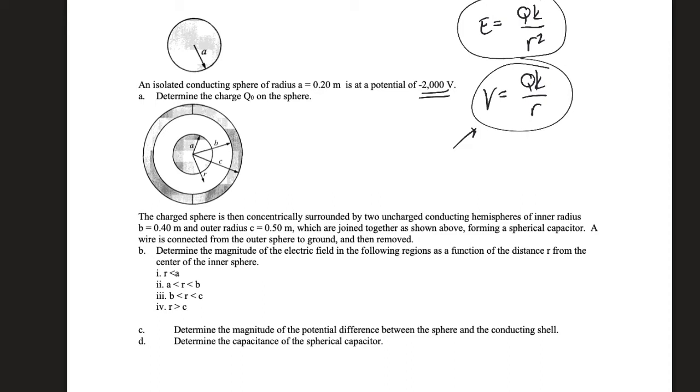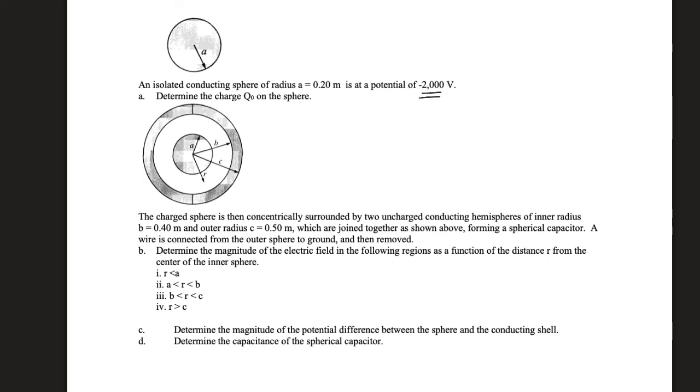You'll notice this problem was really about finding the charge with only the sphere here first, without the shell around the outside of it. And once the shell was out there, they didn't ask about the potential anymore. They try to be careful about asking potential questions because they can be deceptive.